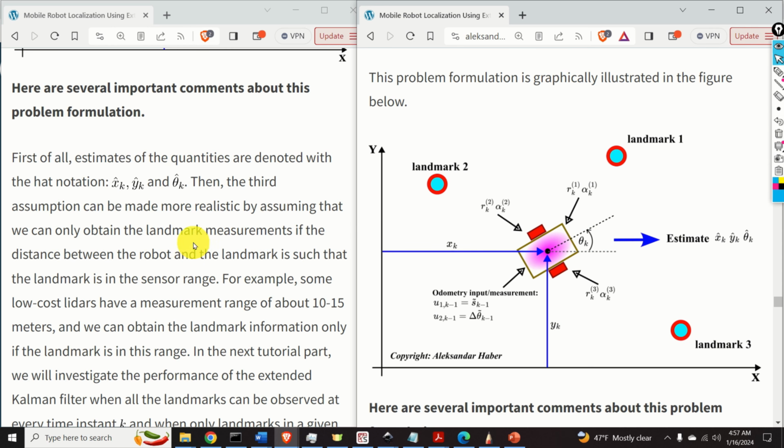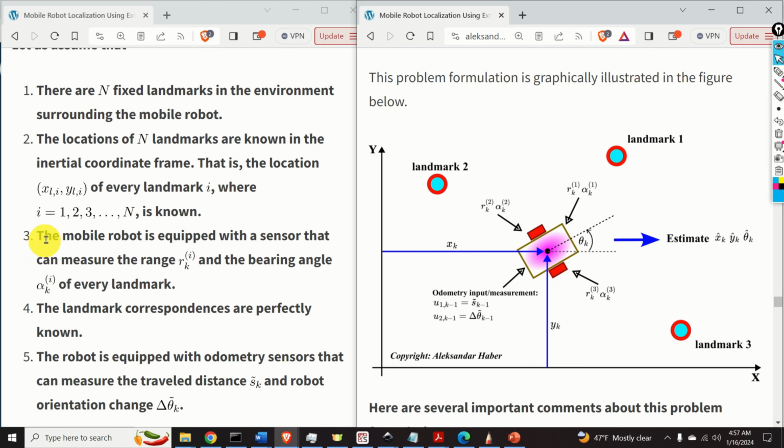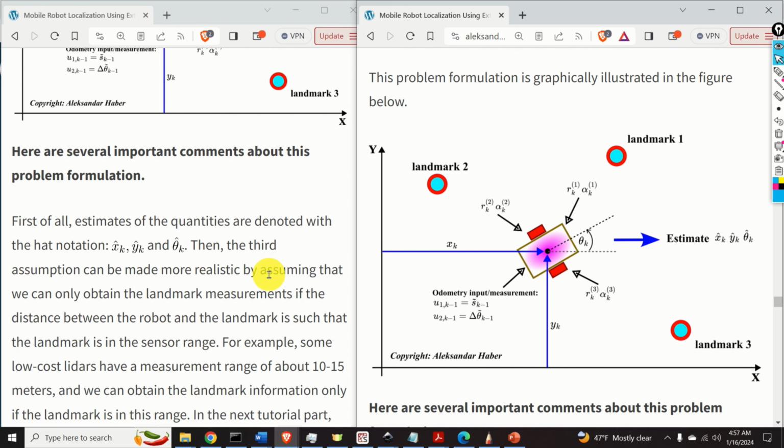Then, the third assumption, that is, this assumption over here that the mobile robot is equipped with a sensor that can measure the range and the bearing angle, can be changed a little bit such that it is more realistic. Namely, a typical sensor can obtain information about rk and alpha k of landmarks that are in the vicinity of that sensor.